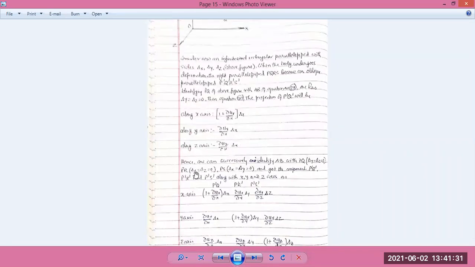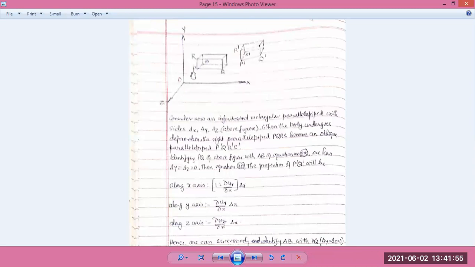For PR, there is no coordinate change in delta x and no coordinate change in delta z, and along PS there is no coordinate change along the x-axis and no coordinate change along the y-axis. Both delta x and delta y are equal to 0, and we get the component P dash Q dash.